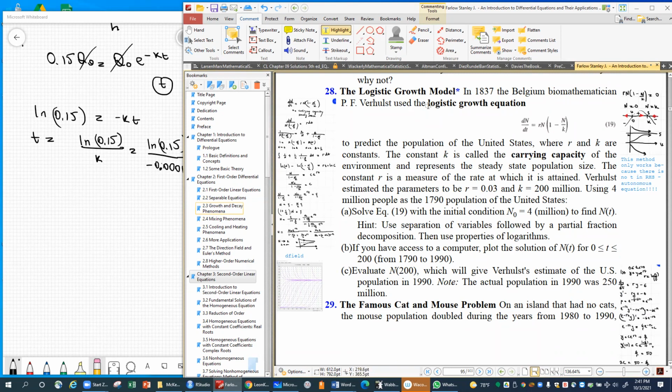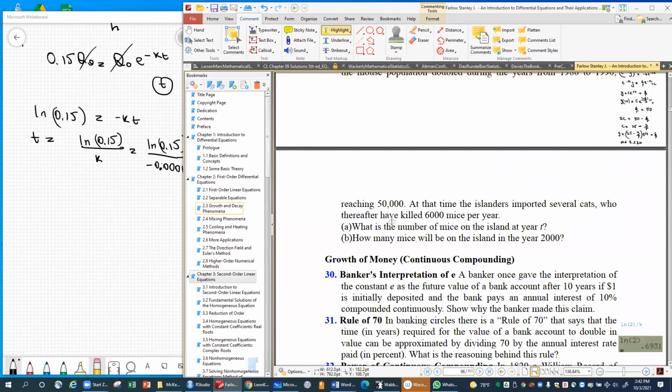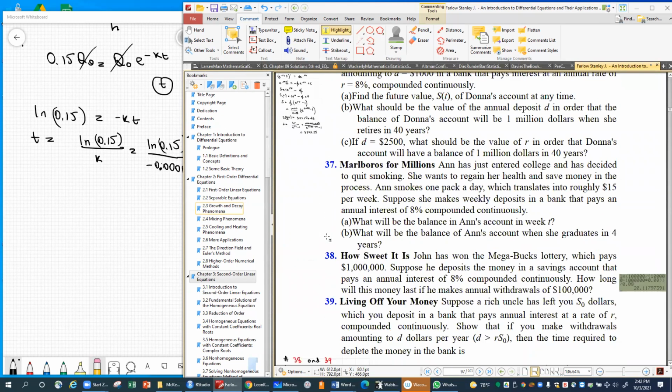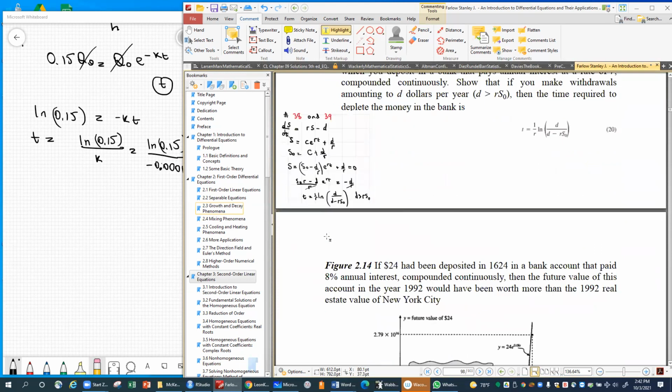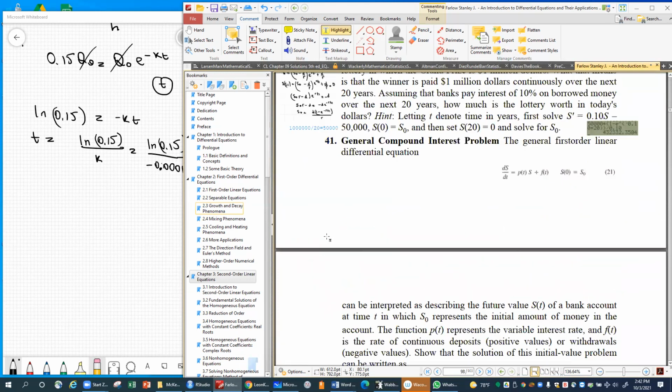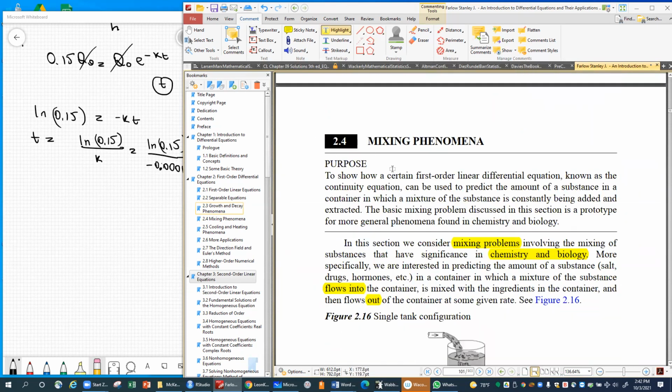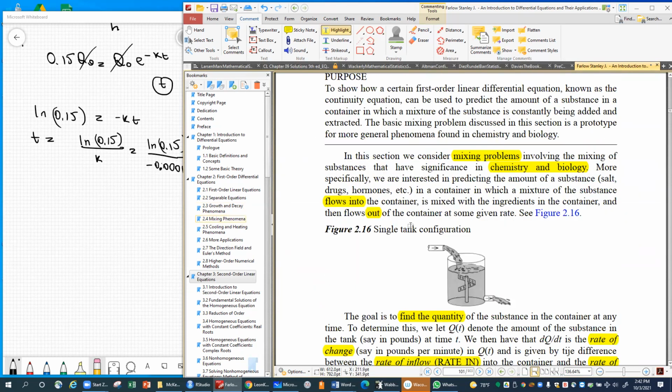This logistic growth model is usually a whole section in other textbooks, but he chose to put it into the homework. So I really want to show it in all detail. It's a big section, big homework especially. But we'll try to work on it, and there is the mixing phenomenon.